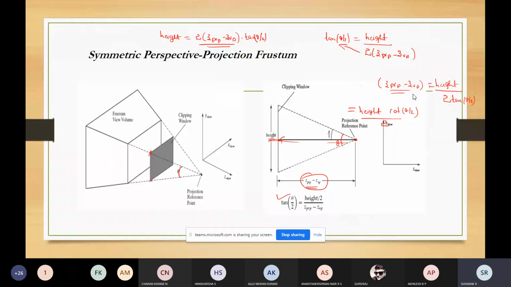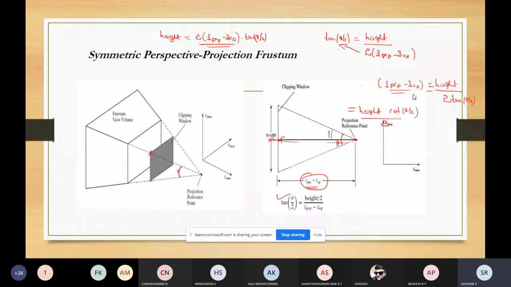In some graphic libraries, you'll be having a fixed position for the view plane and the projection reference point, so that the symmetric perspective projection will have the complete field of view angle, the aspect ratio for the clipping window, and the distance from the viewing position to the near and far clipping planes.